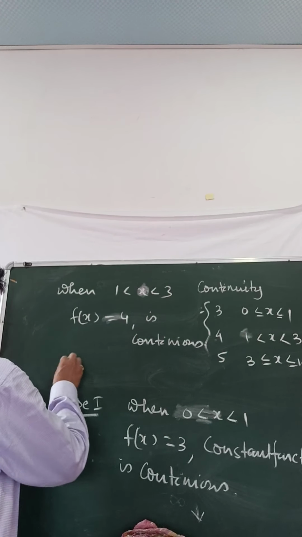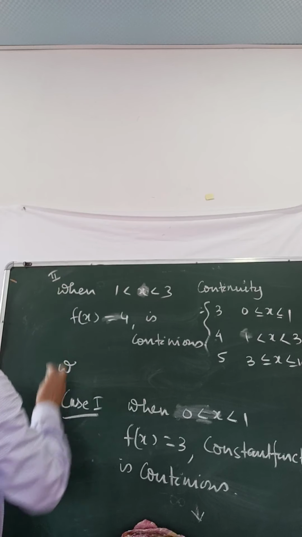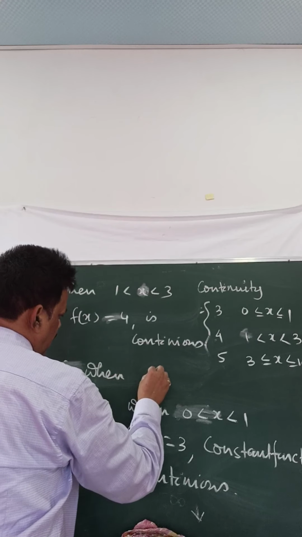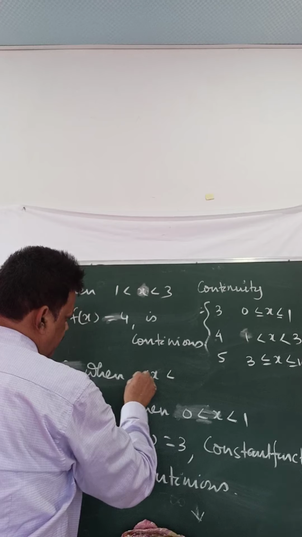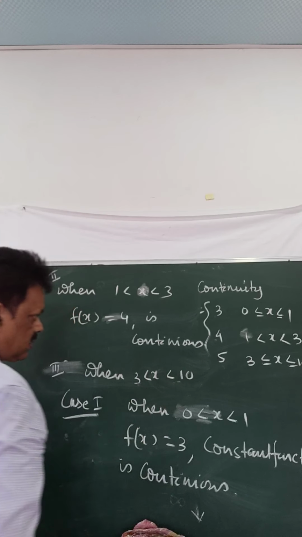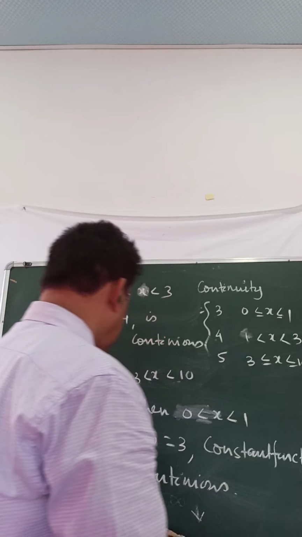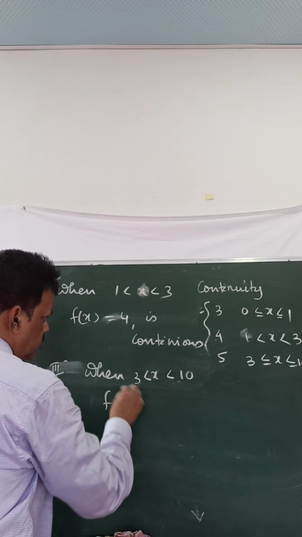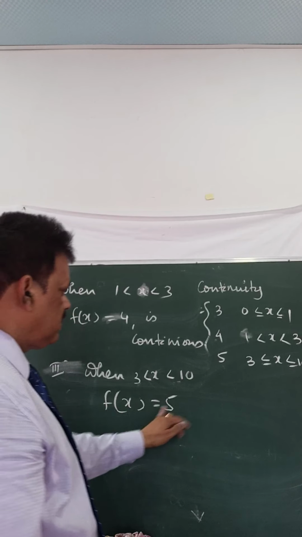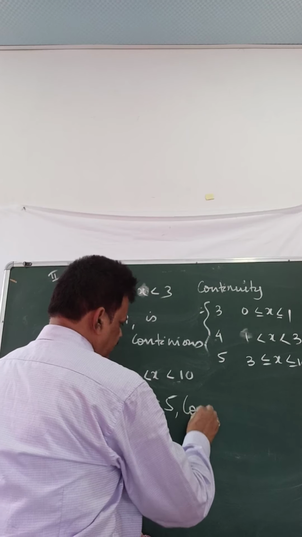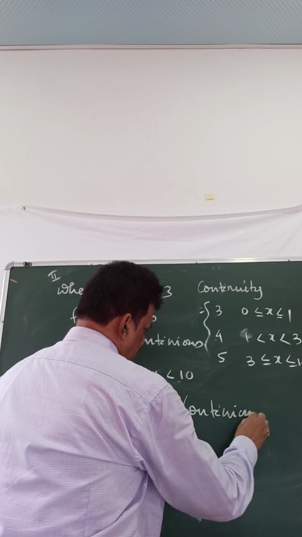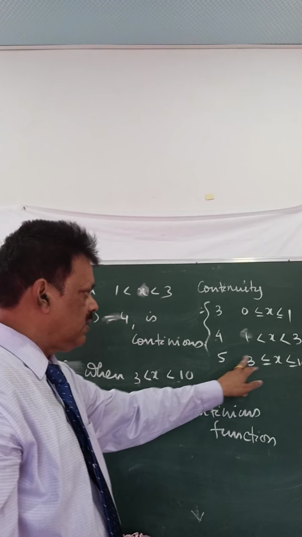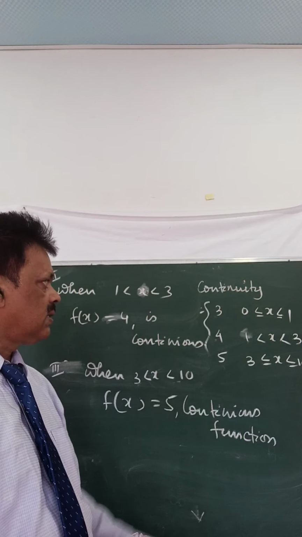So this is your case 2, this is your case 3. When x lies between 3 and 10, I have taken the open interval here because for the points I will take the equality. What is the value of f(x)? f(x) equals 5. 5 means again a constant function, so continuous. I hope this is clear. About the intervals, the functions are continuous.